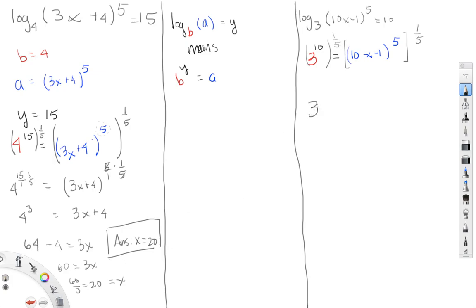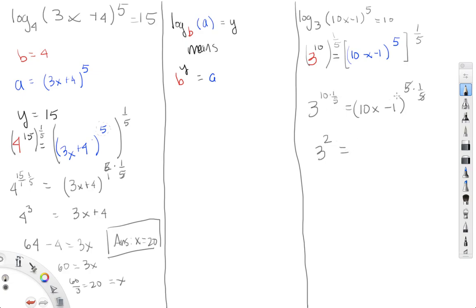And now we have 3 to the 10 times 1/5 equals 10x minus 1 to the 5 times 1/5. 10 times 1/5 is 2.